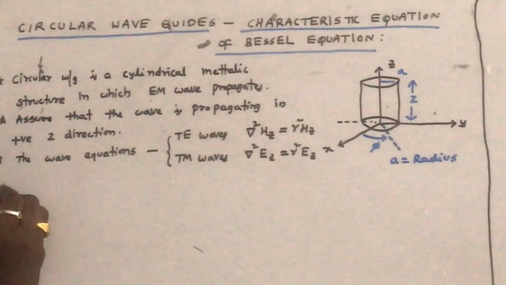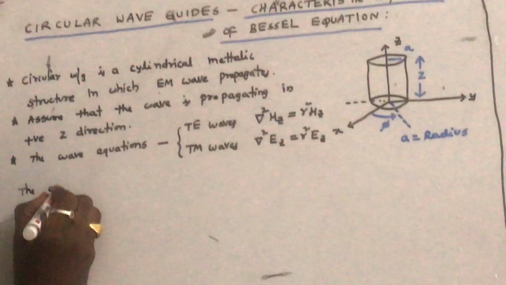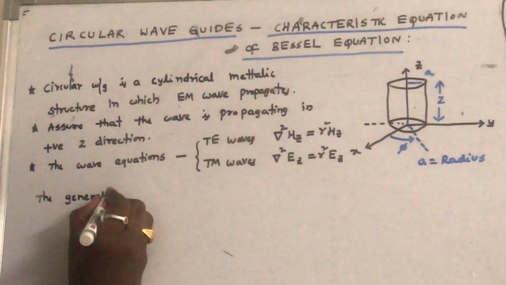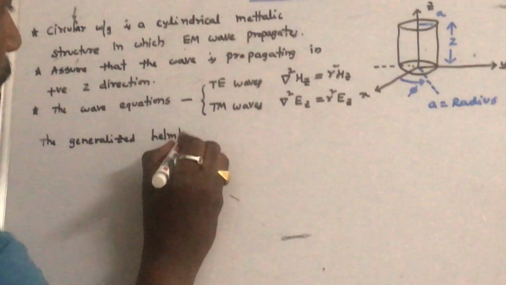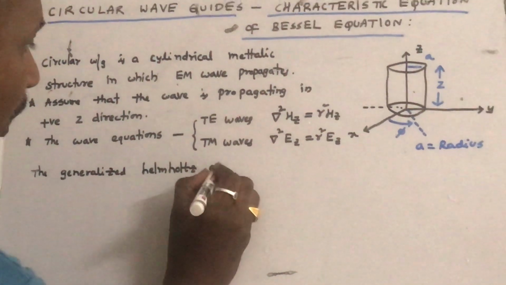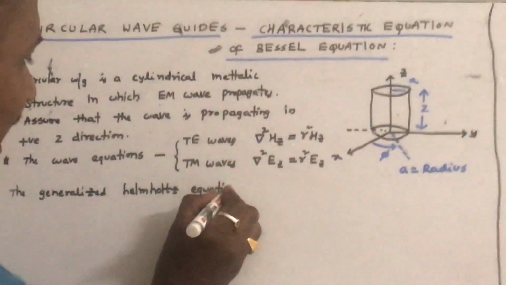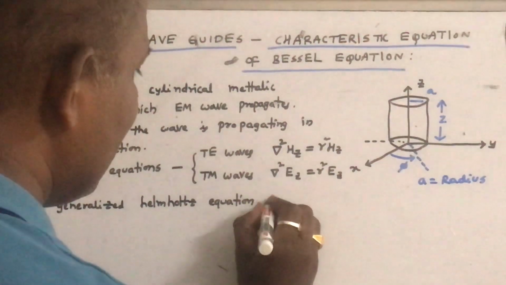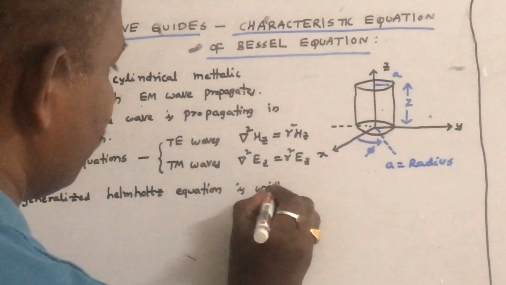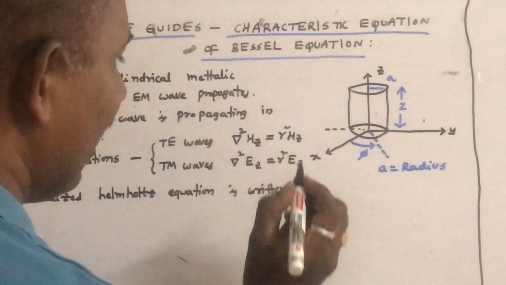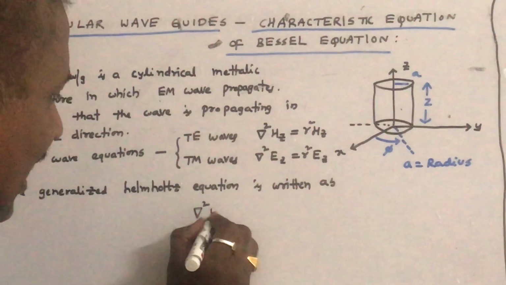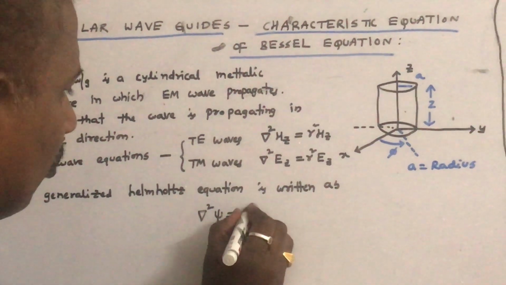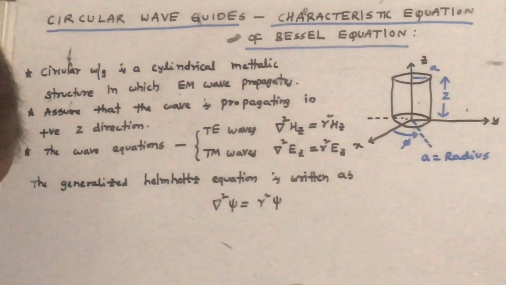So we write this generalized equation. The generalized Helmholtz equation is written as del square psi is equal to gamma square psi.